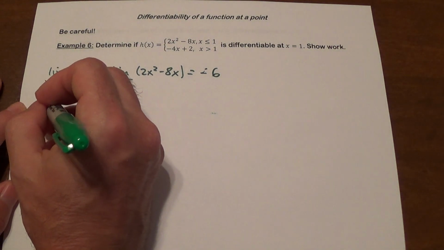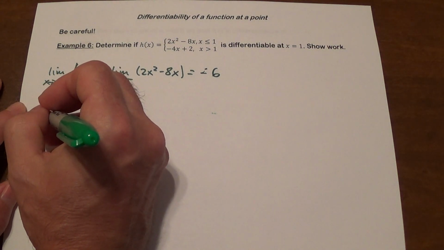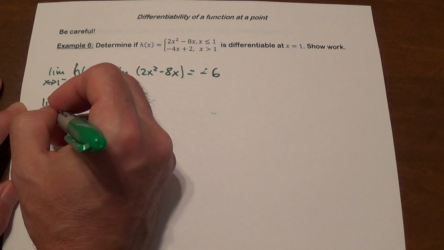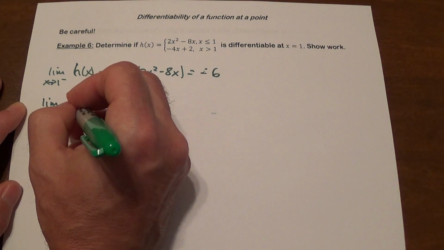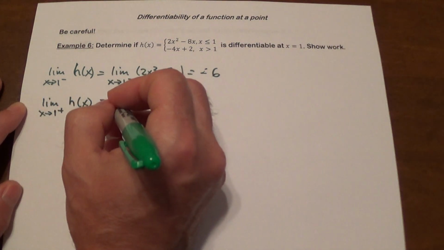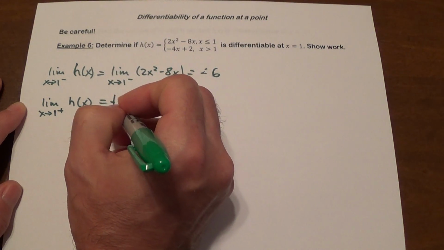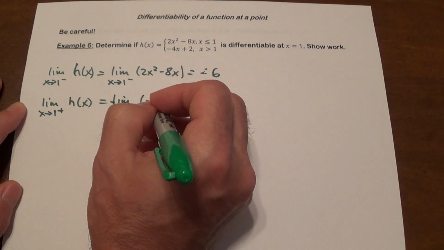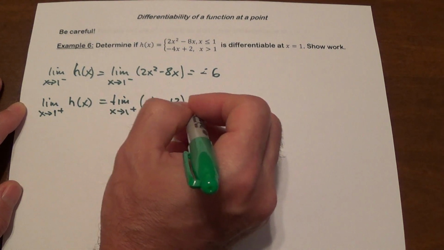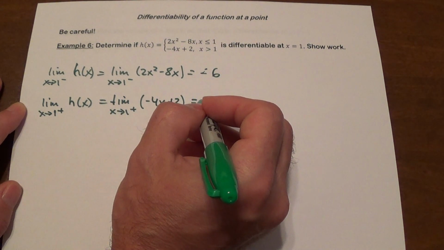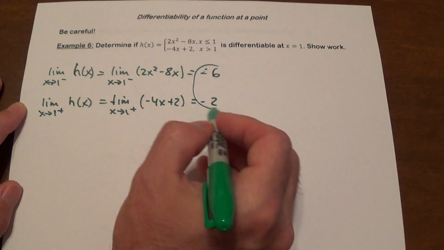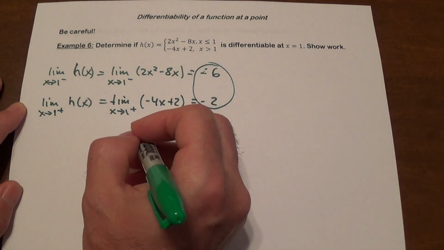And then when we do the limit as x approaches 1 from the right, we use the second function, so it's the limit as x approaches 1 from the right of negative 4x plus 2, and it's going to give us negative 2. These two values are not the same. It's not continuous.